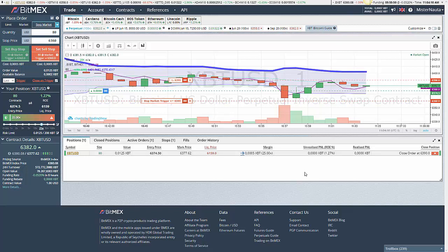Other exchanges that allow margin trading are, for example, Poloniex, Bitfinex, okay? I think Kraken as well, maybe others that I can't remember right now. So it's not exclusive to BitMEX, but BitMEX is the only one that allows you to go up to 100 times leverage. Most of the other exchanges allow you to do 2 times, 5 times maybe, 10 times perhaps, okay? But above that, as far as I know, only BitMEX will allow you.